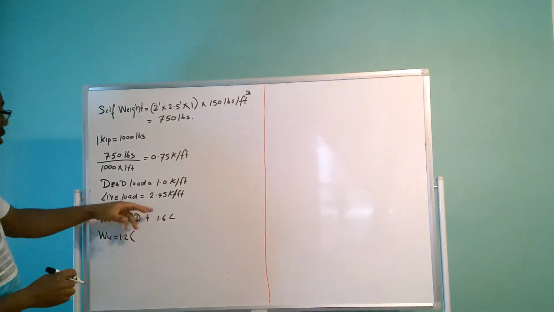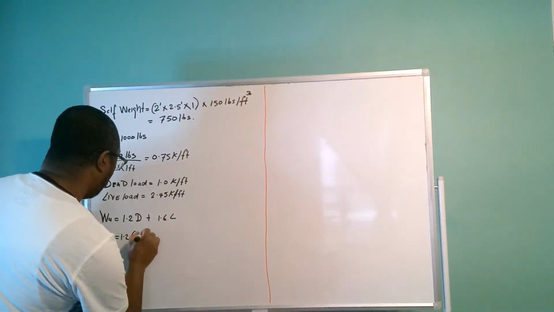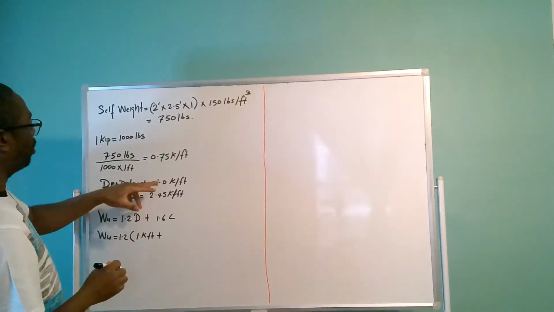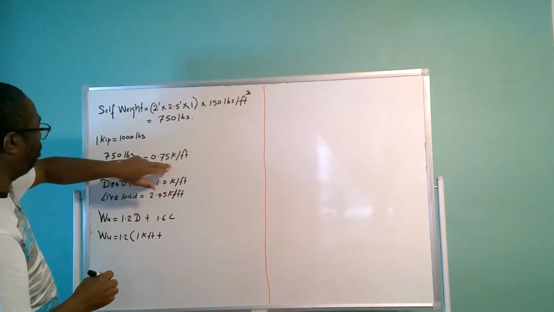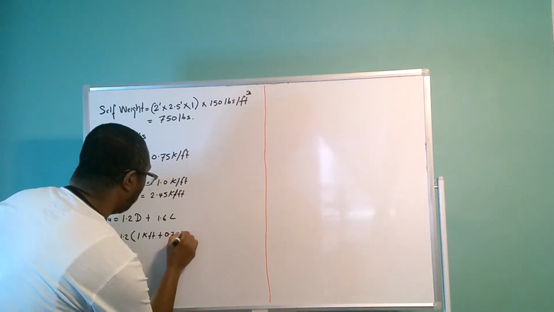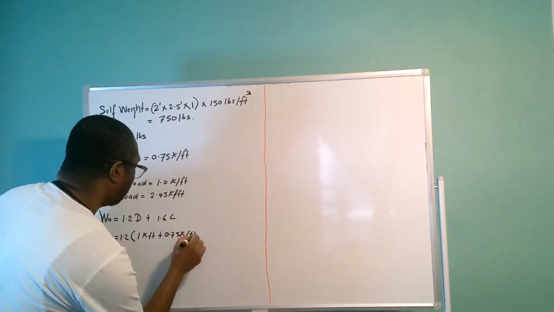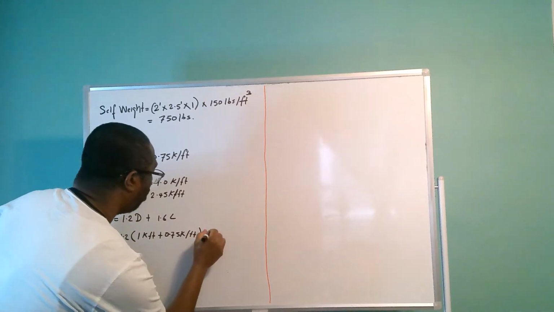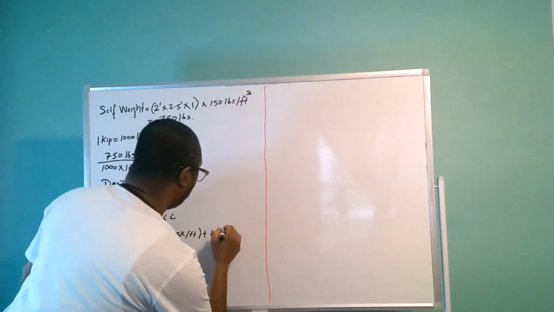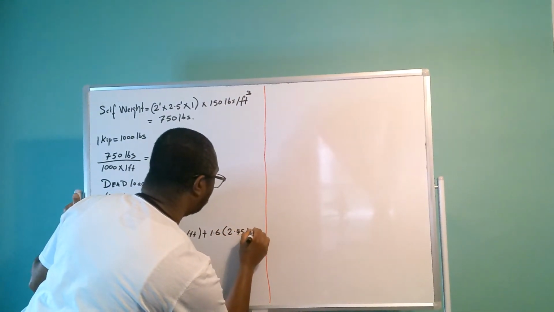So we have the dead load, which is going to be 1 kip per foot plus 0.75 kip per foot for the self-weight of the beam, plus 1.6 times the live load, which is 2.45 kips per foot.